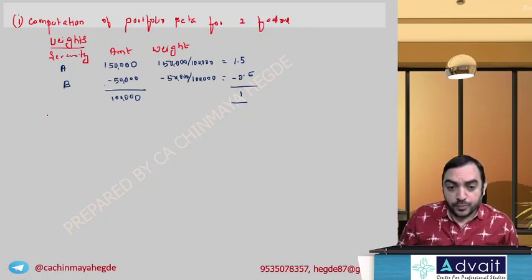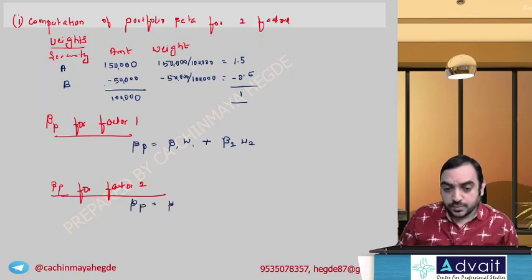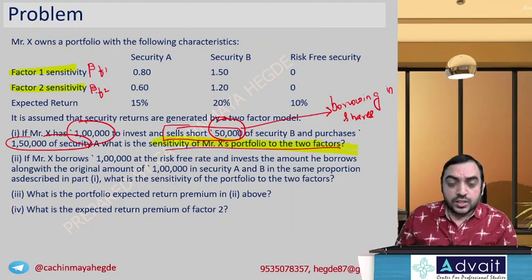Then portfolio beta for factor 1, and then we'll calculate portfolio beta for factor 2. Simple formula only: beta 1 weight 1 plus beta 2 weight 2. Here also the same formula, portfolio beta is beta 1 weight 1 plus beta 2 weight 2. Weighted average. So what are the beta 1, beta 2?